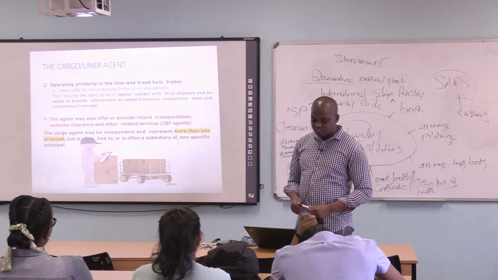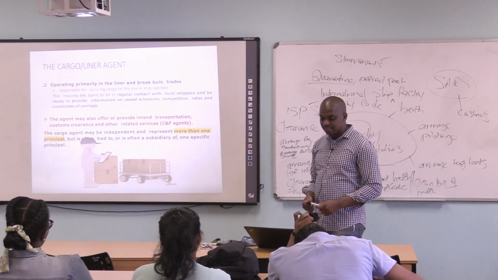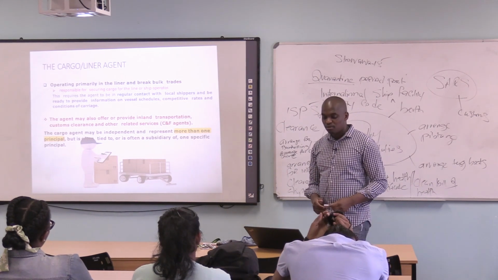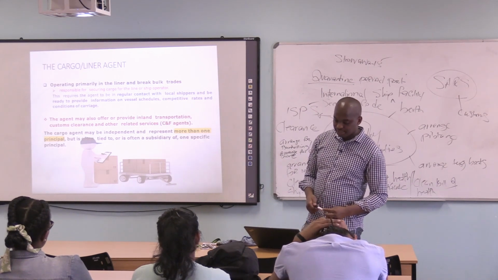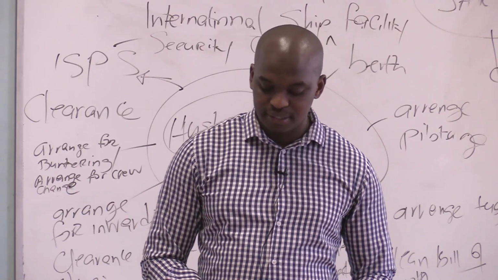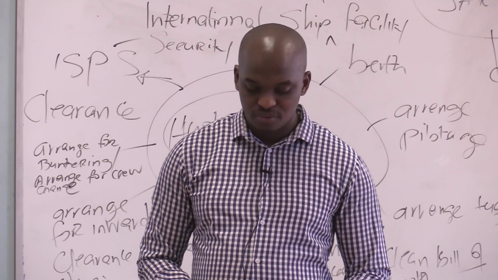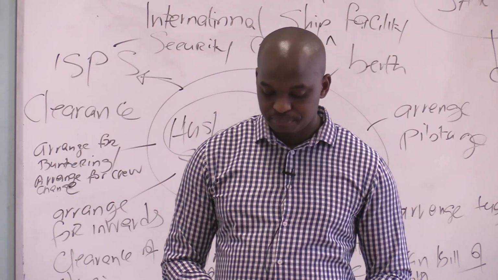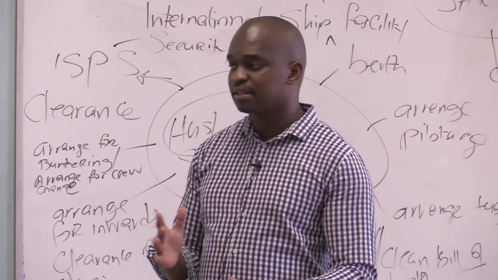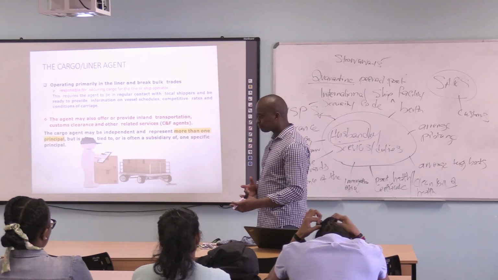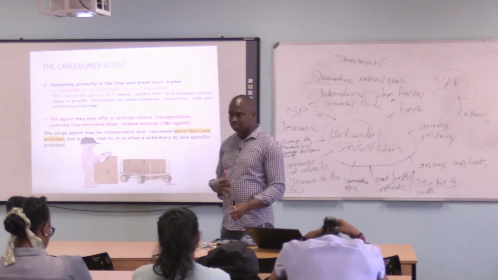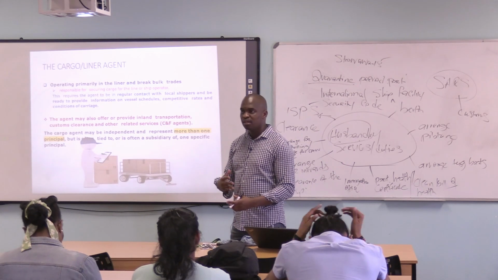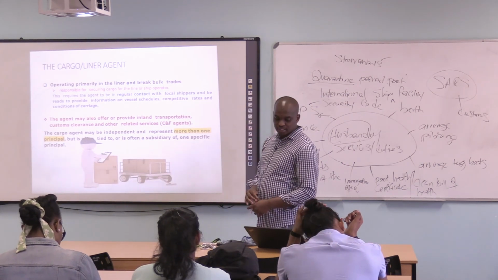Now, the cargo agent may be independent and represent more than one principal, but is often tied to or is often a subsidiary of one specific principal. So even these cargo agents become a little bit more specific as to who exactly they work for.